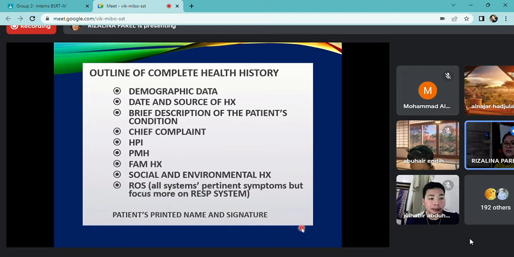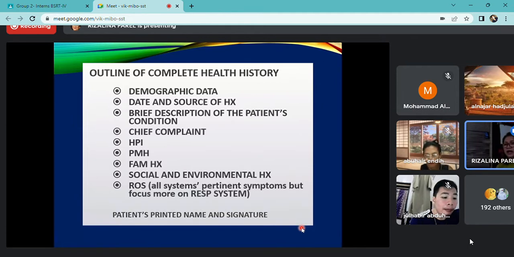Ano ba yung brief description ng patient's condition? At that time, ito yung HPI, yung history ng patient's condition na nakasummarize lang. Okay? In summary form. Yan yon, yung patient's condition.